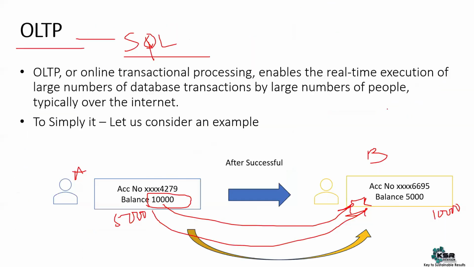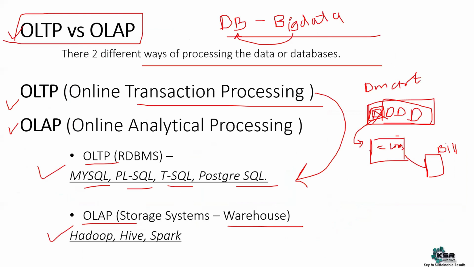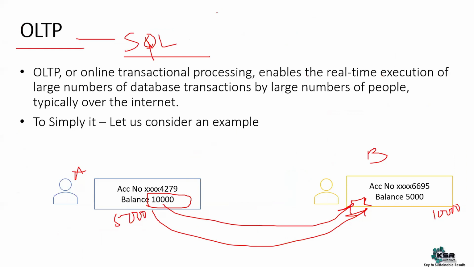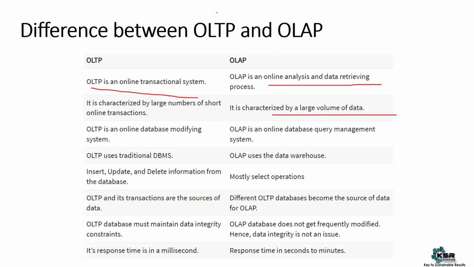That's the reason OLAP always has big data systems. Wherever there is large data, OLAP will always come into the picture. OLTP is used for a large number of transactions. Wherever there are a large number of transactions which are updated at that time, it is called OLTP.